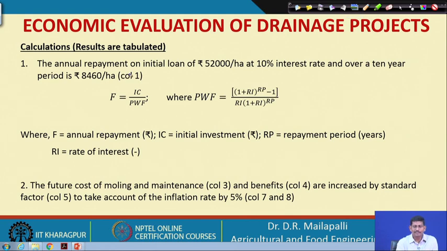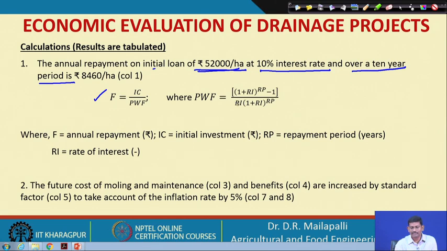First, the annual repayment period on the initial loan. He got a loan from a bank or financial company at 10% interest rate over a 10-year period. This is around 8,460 per hectare, from the formula: capital F is equal to IC by PWF, the present worth factor.